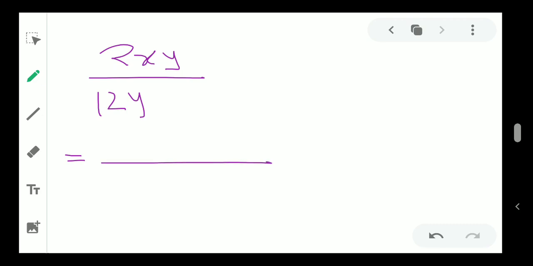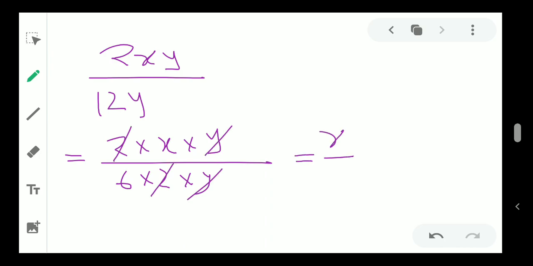That means 2xy means 2 into x into y. 12 we can always write as 6 into 2, and y is multiplied also, so we can cancel, and our final answer will be something like this. So this much we can do using the cancellation method.